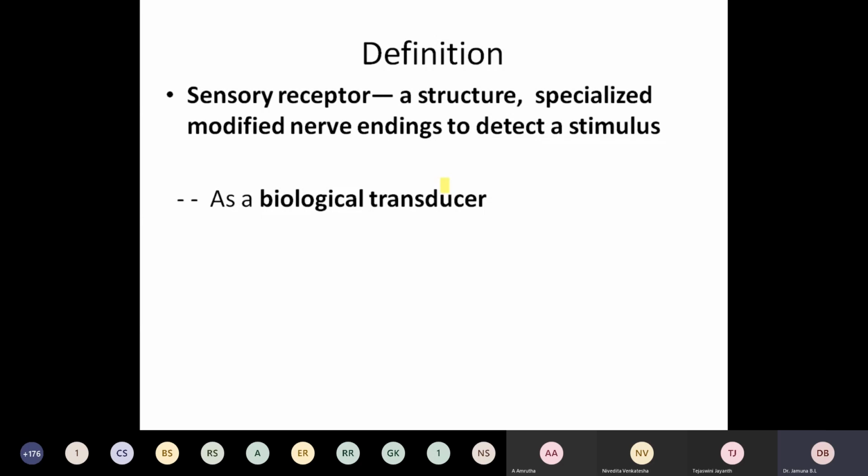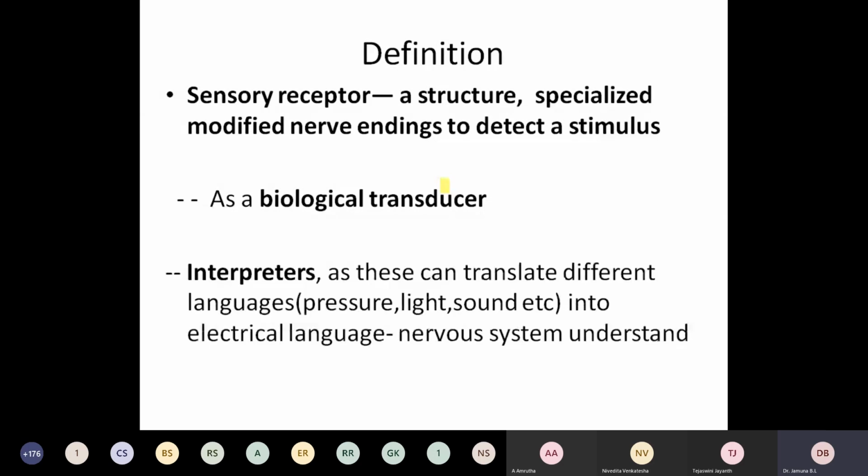Suppose a blunt object is pressed on your skin, a pressure effect will be there. That pressure is mechanical energy, which gets converted into electrical energy at the level of sensory receptors. That's why they are called biological transducers. They are also called interpreters because they translate different languages into an electrical language, which is the only language a nervous system can understand.